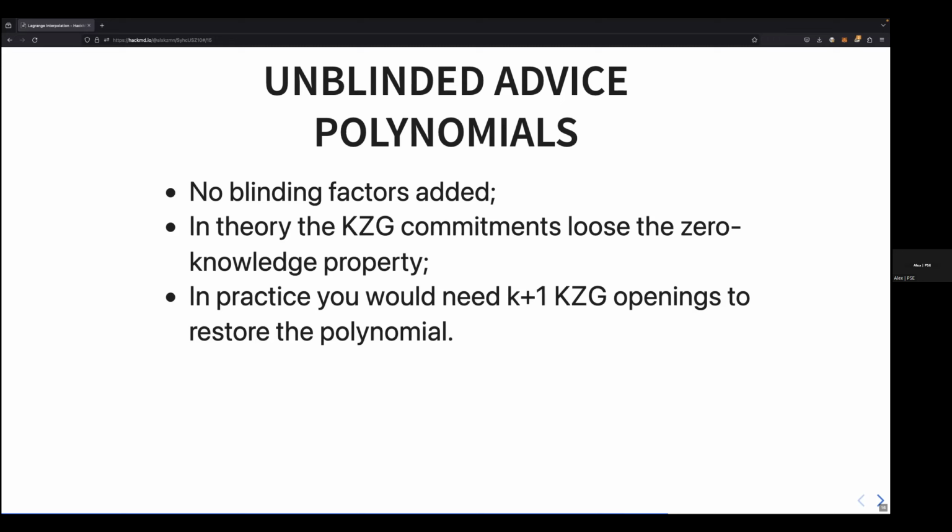So in our case, the openings are the user inclusion proofs and also one proof for the constant coefficient of the polynomial. I would say that practically it's very difficult to imagine a situation where someone can bribe that many users, or that many users can collude to, for some reason, try to estimate the balances of other users.